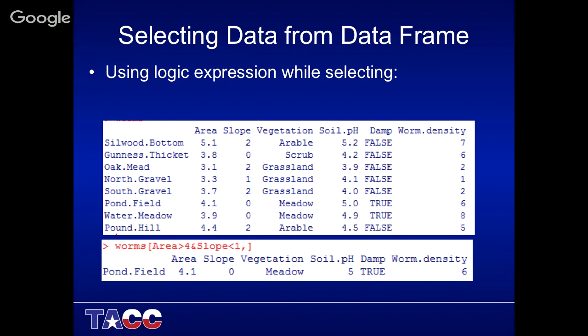Because you're specifying it as the first index, you're basically saying give me all the rows where this condition is true, which is area greater than 4 and slope less than 1. So we are already getting into things that are a little harder to do in an Excel sort of environment.